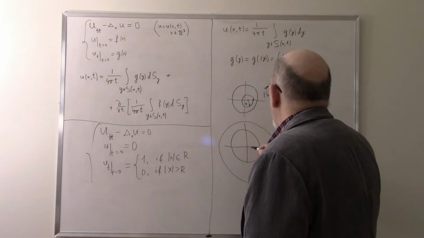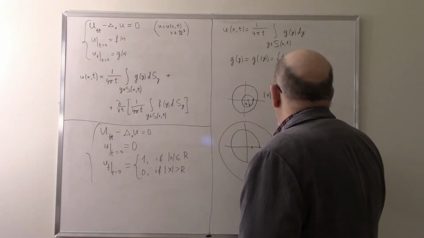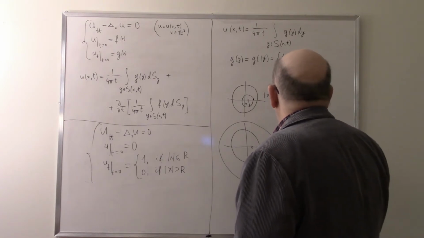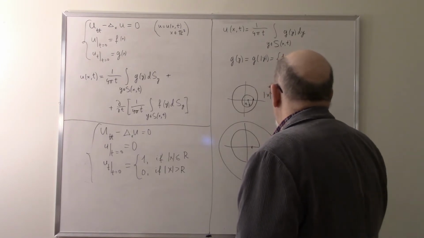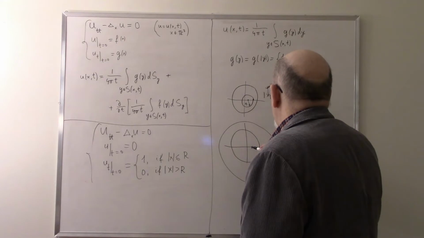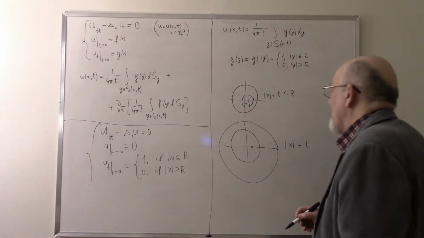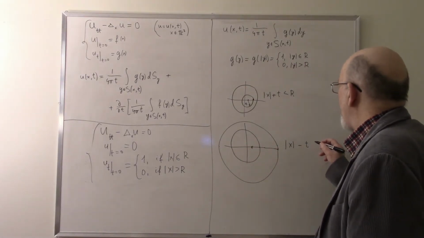It is modulus x, and modulus x plus t, modulus x minus t. t is positive, but they both are more than r.